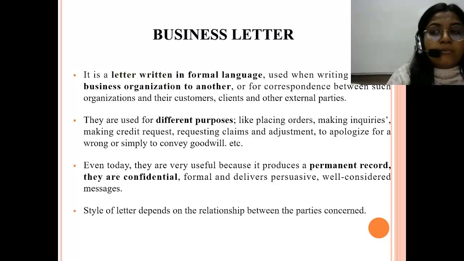There are various purposes of a business letter. Before going further, let's discuss more about the letter. What is a letter? Why do we have to write a letter?